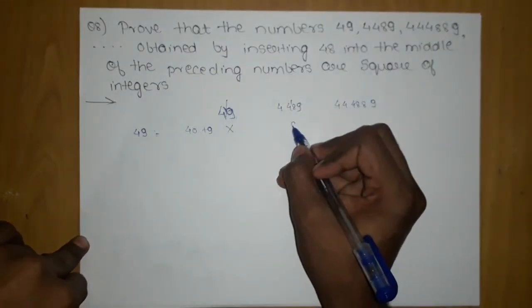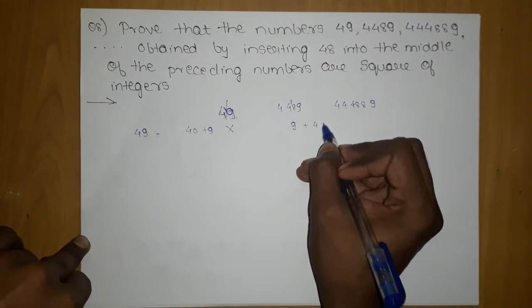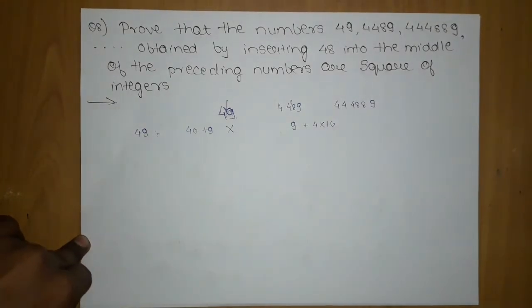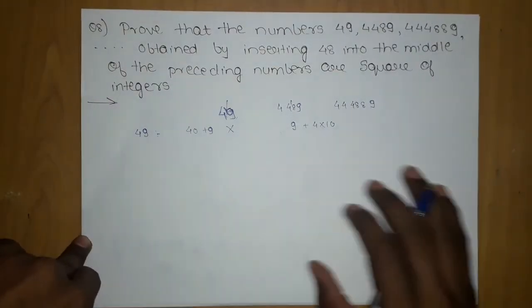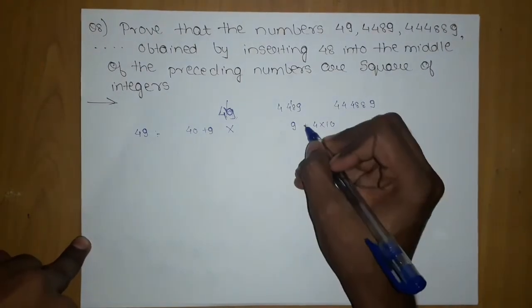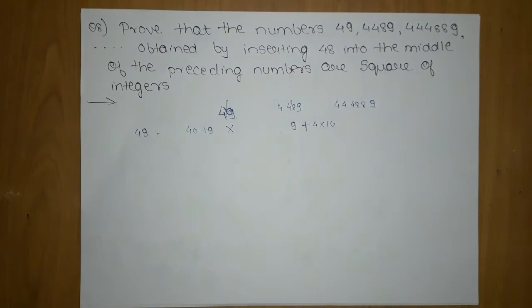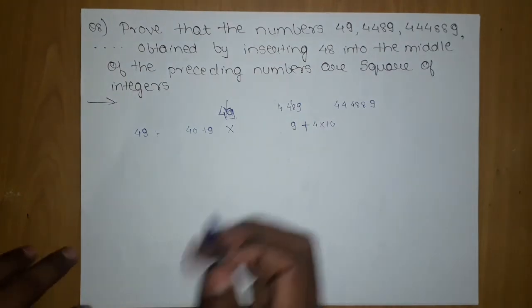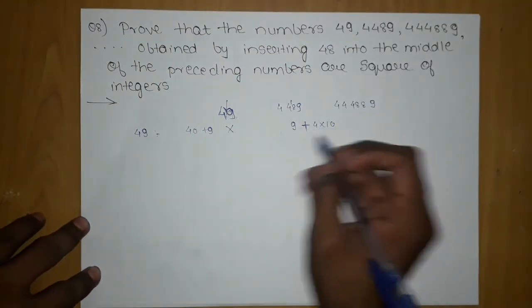You should break it like this: 9 plus 4 into 10. In this question you should break it like this. It will guide you to form a series. Otherwise you will be stuck. If you break it the other way, you will create a trap for yourself.